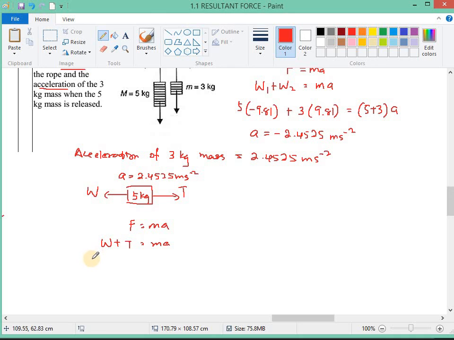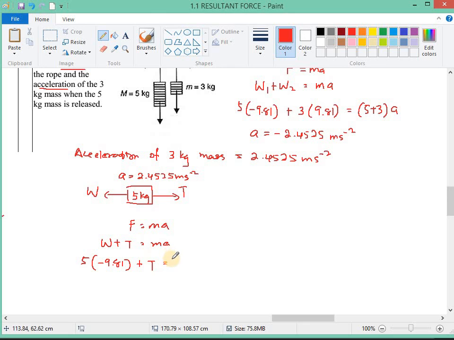This weight is 5 times, because to the left, negative 9.81, plus the tension. Tension is what we are looking for.